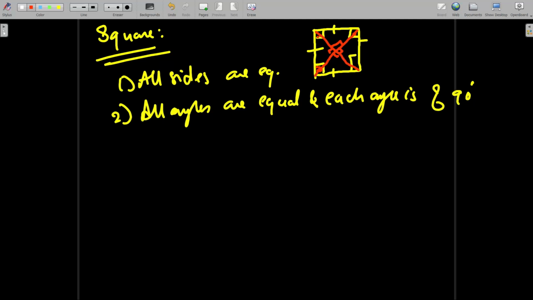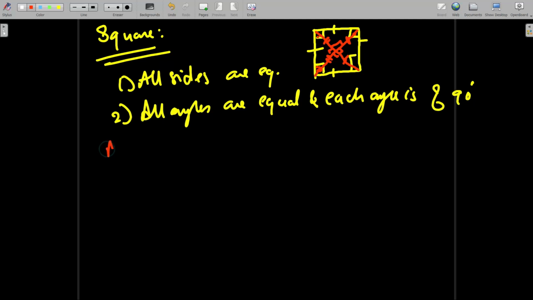Bisecting means whenever there is an intersection. Here we can see the sides are again equal, this one is equal to this one, like that. So this is the important property.